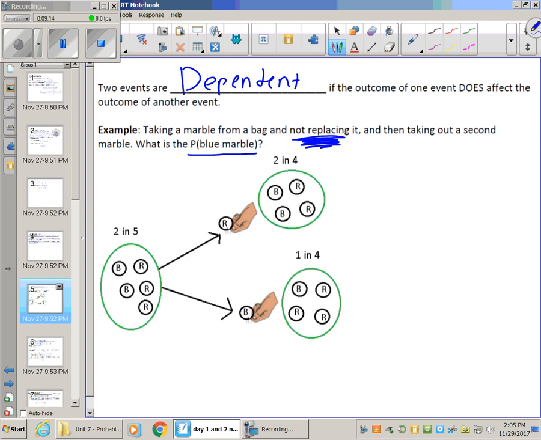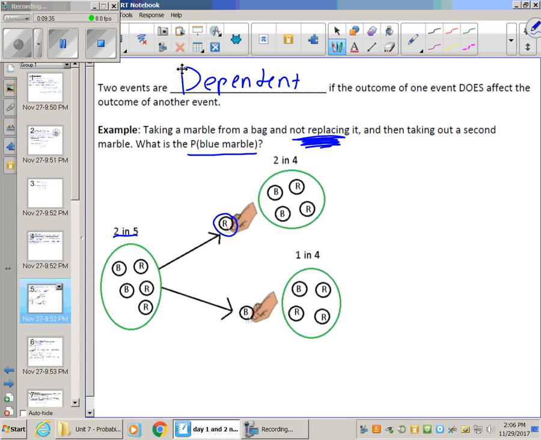Look at this visual. These are 2 dependent events. All right, the first time, taking a marble from the bag, I get a red marble. Okay, this bag looks like it has 2 blue marbles, 3 red marbles. All right, well, I have a 2 in 5 chance of picking out a red marble.